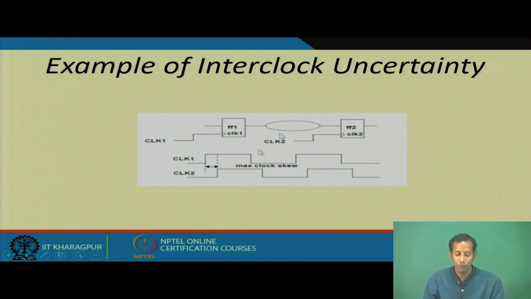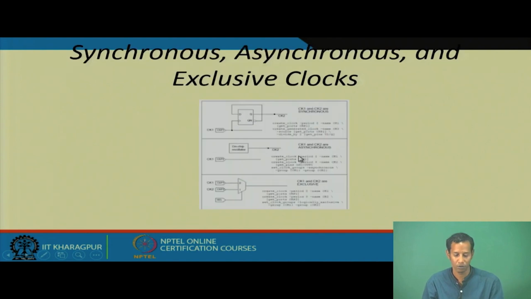Depending on the changes in the edges of clock 1 and clock 2, you have to specify the amount of uncertainty for these two asynchronous clock groups, clock 1 and clock 2. Then we have different types of clocks which will be applied to our circuits.